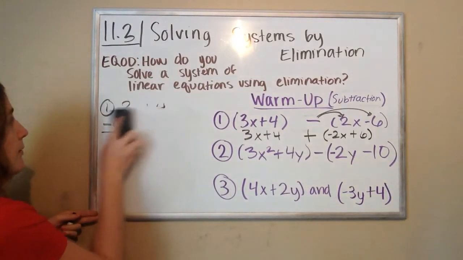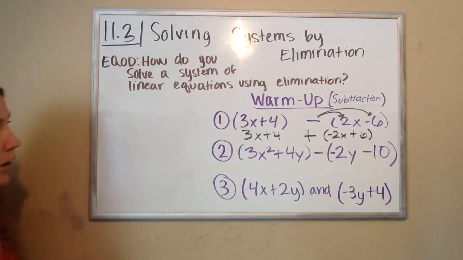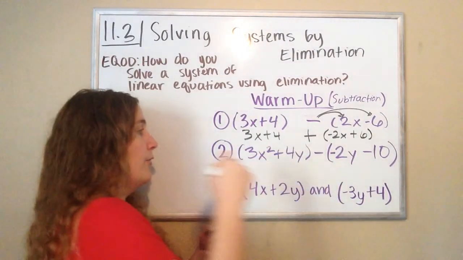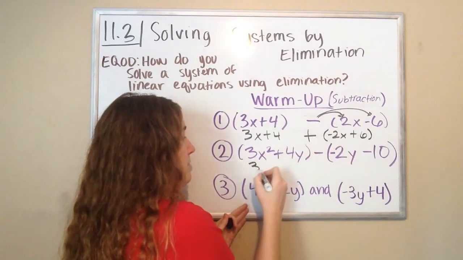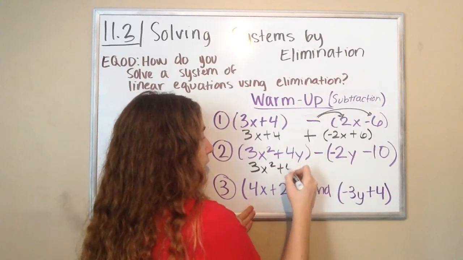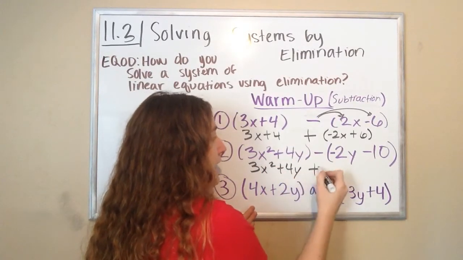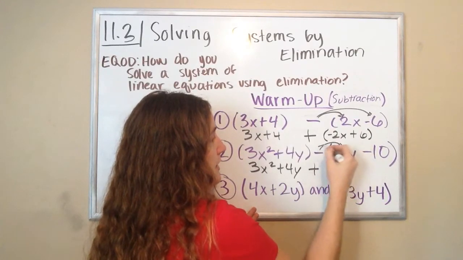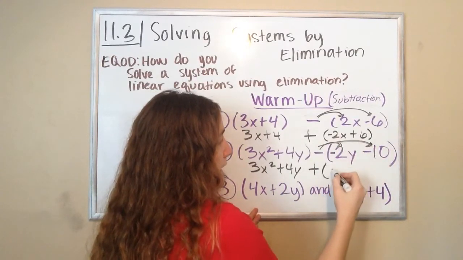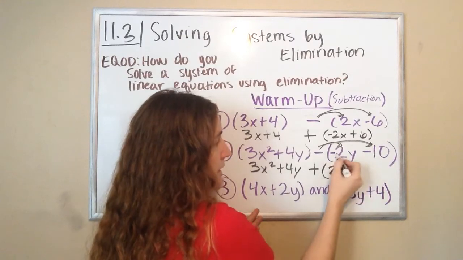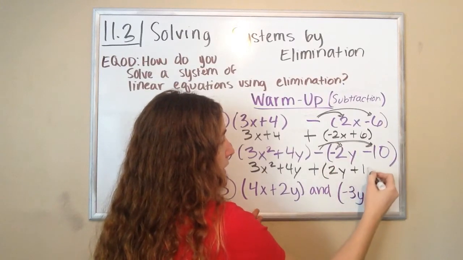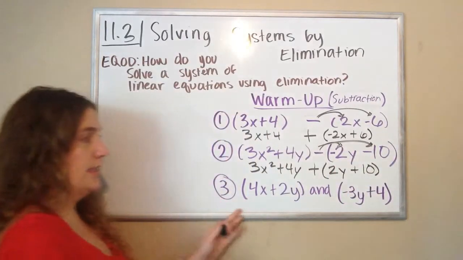Alright, number 2, we're still subtracting, but remember I'm going to change this to an addition because for me, I like that a lot better. So I'm going to add, which means that I need to distribute this negative, and I get 2y, negative turns to a positive, plus 10, negative turns to a positive.